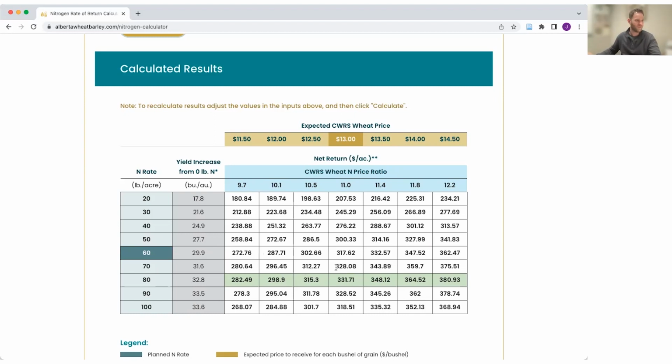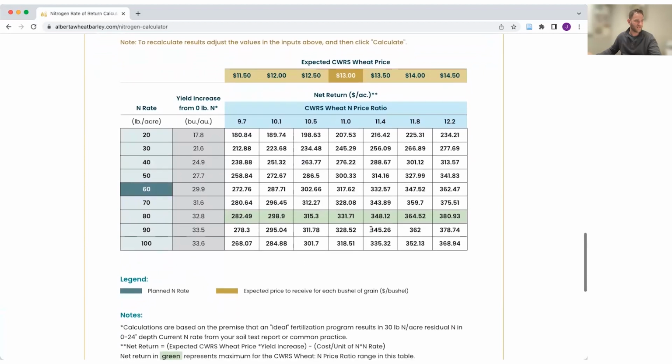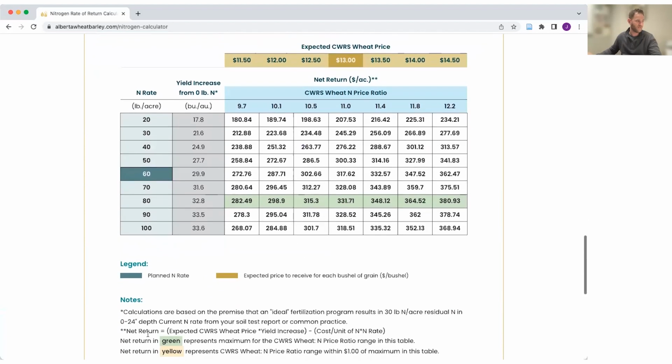On the table, you'll see there are a few different colors. Only green is showing up, but net return in green represents the maximum value you're going to get for that crop based on that price and that nitrogen rate. Based on what we've inputted, we're sitting in the $317.62 range if we're selling at $13 per bushel and putting down 60 pounds of nitrogen.